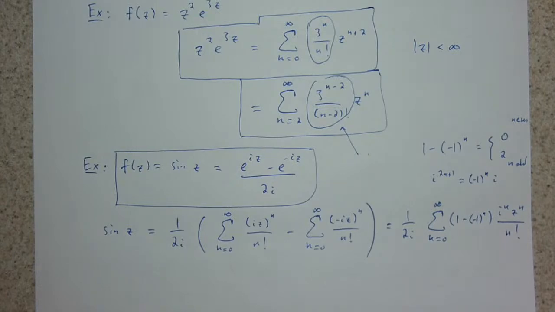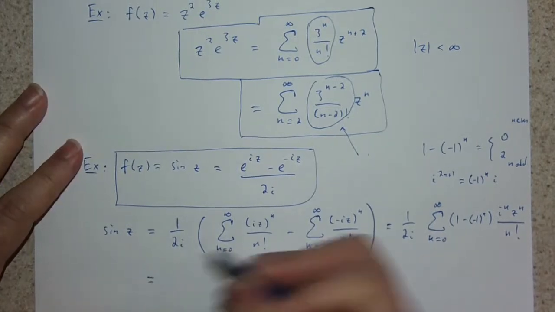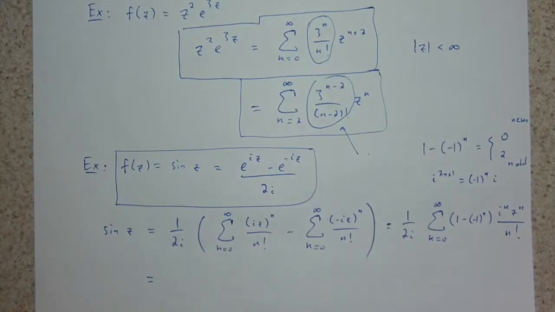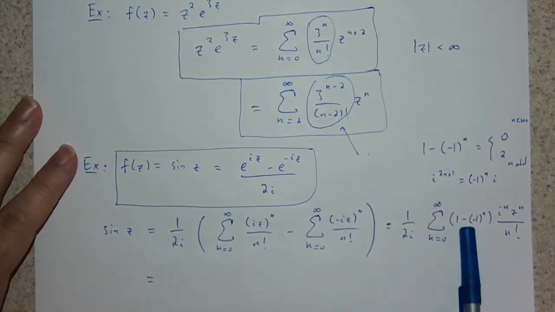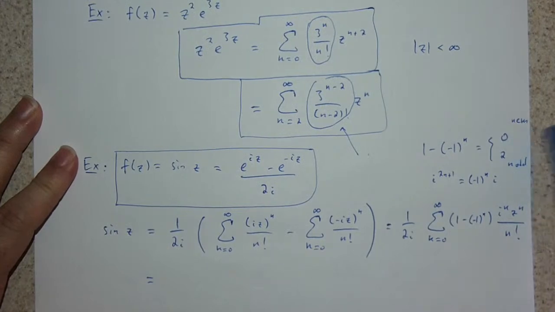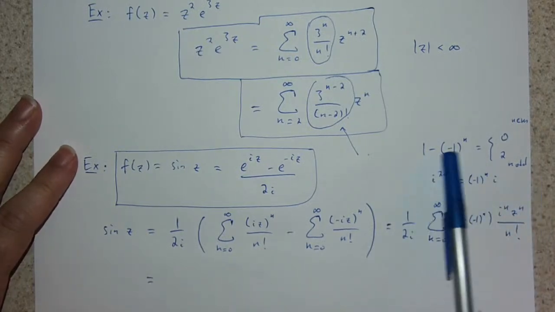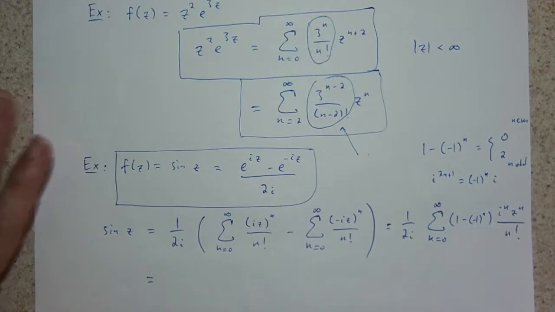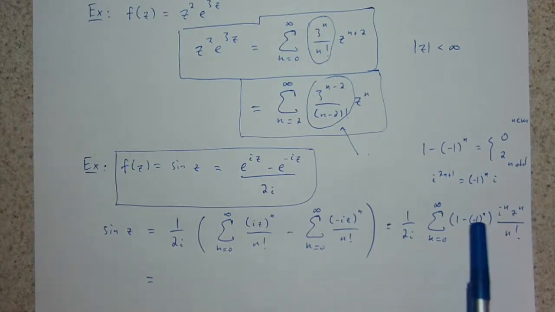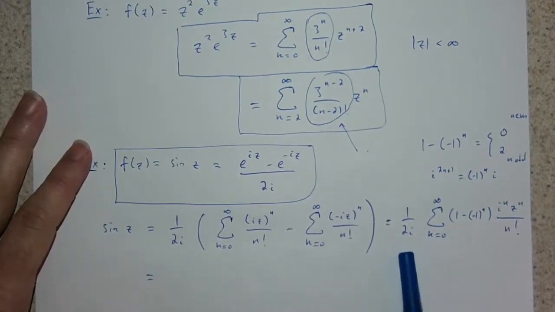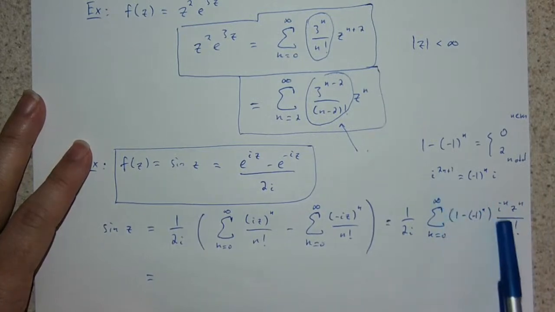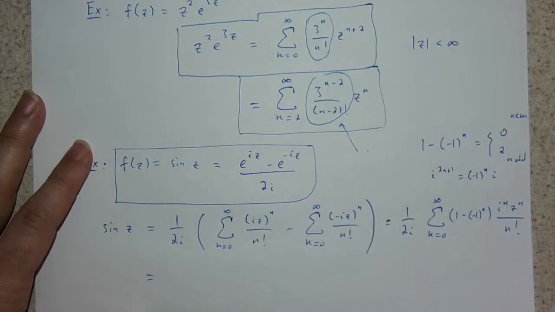Putting all those things together, what do I get here? This is 0 when n is even, so only odd terms show up. When n is odd, first of all, 1 minus (-1) to the n is 2, which cancels out with the 2 in the denominator. This expression, i to the odd power, is (-1) to the n times i.